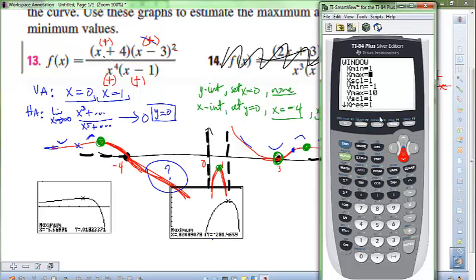I'm going to change my x max to be 10. And we saw that we're getting really small values for the y values. So I'm going to change my y min to -0.01, and then my y max to positive, let's try 0.1 for now, and let's graph that.